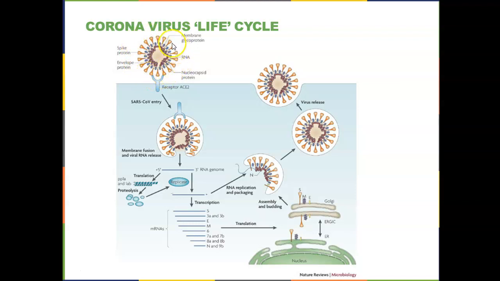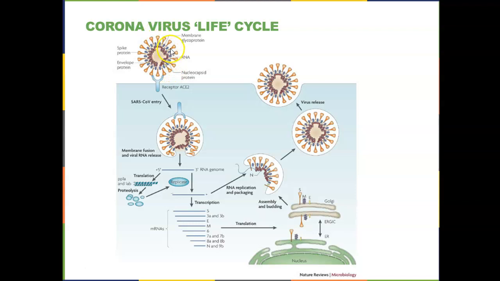So that's where the name comes from, because under an electron microscope, they kind of look like little suns. And that corona is really the product of these things called spike proteins, which are proteins sticking out of the glycoprotein membrane surrounding this virus. So it's got these little spike proteins sticking out.